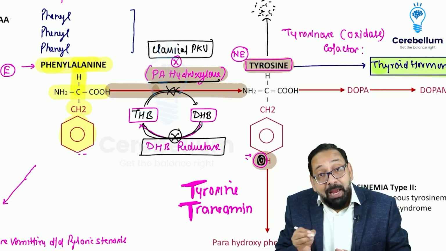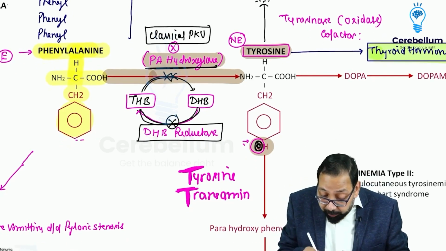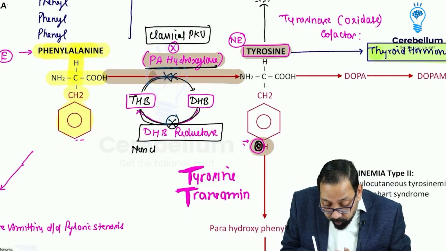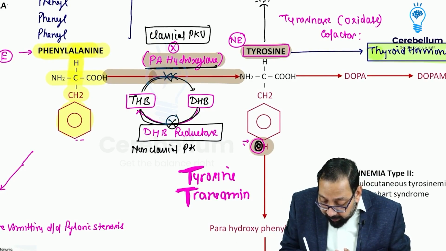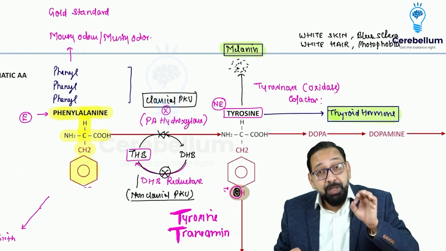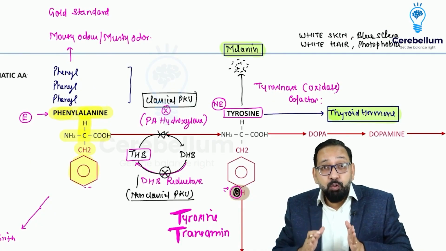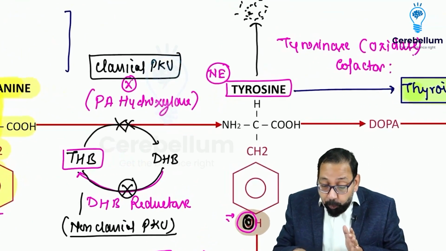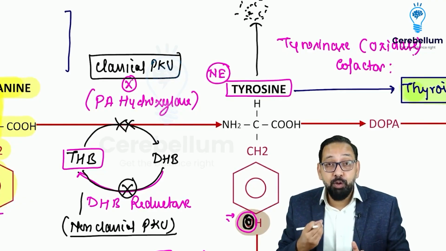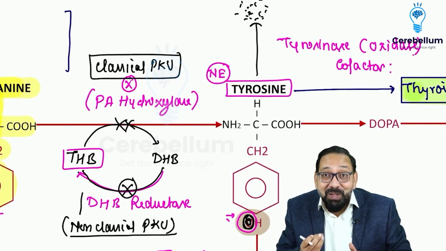Again, phenylketonuria. So this leads to non-classical phenylketonuria, a question recently asked in NEET PG 24. So in phenylketonuria, phenylalanine will not be metabolized to tyrosine, meaning tyrosine will not be synthesized in our body, and now it becomes essential.